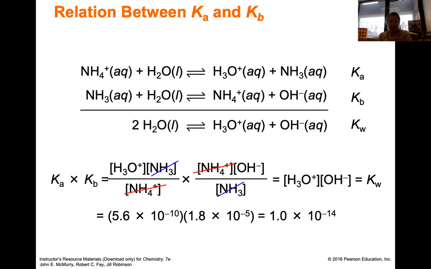The Kb would be NH4+ times OH minus over NH3. When you multiply those two expressions, all you're left with is H3O+ and OH minus, which is Kw. So that means if I had a table and it had the Kb for NH3, I would know the Ka for NH4+ just by the relationship in the last line.